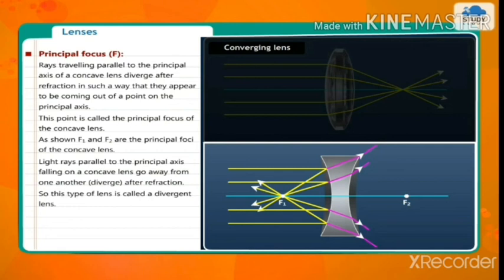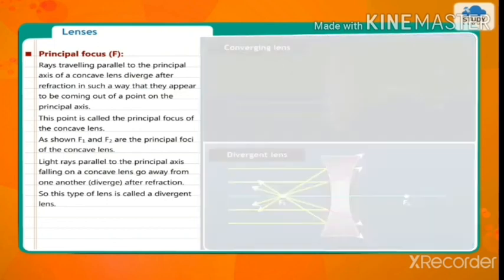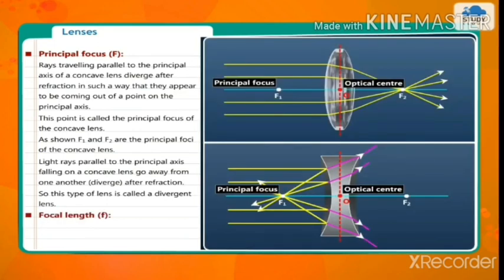This point is called the principal focus of a concave lens. As shown, F1 and F2 are the principal foci of the concave lens.